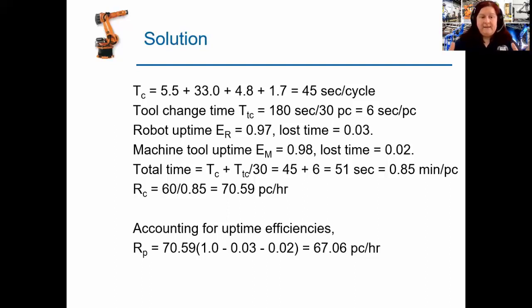If we add uptime efficiencies, we will see that it's less than that. We can count that we'll probably make 67 pieces per hour. So this is how you would calculate how many pieces per hour you can make, given the different times you need in operation, the tool change time, the uptime, and the different efficiencies in your process.